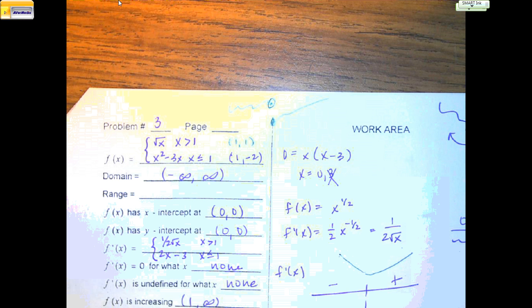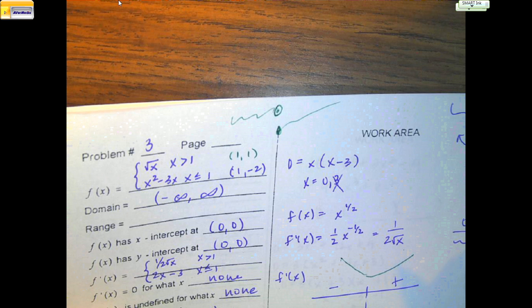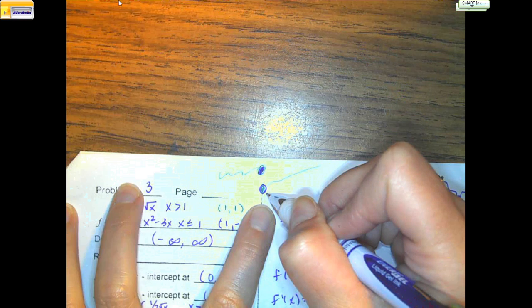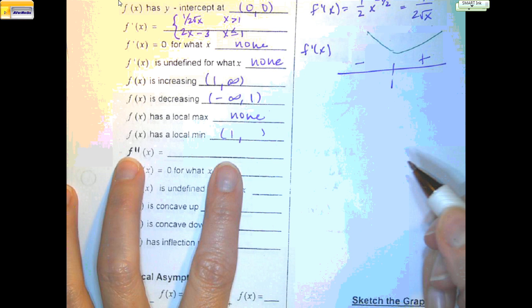I wouldn't call it that because you do have a point that exists like right here and right here and right here. Negative 2, we already figured that one out. Is everybody okay on max and min?